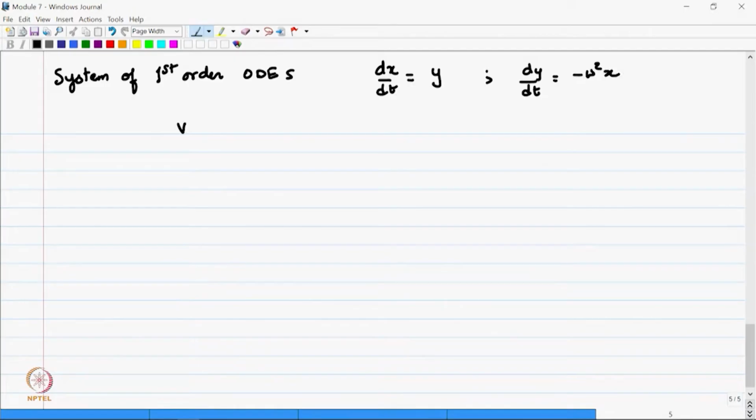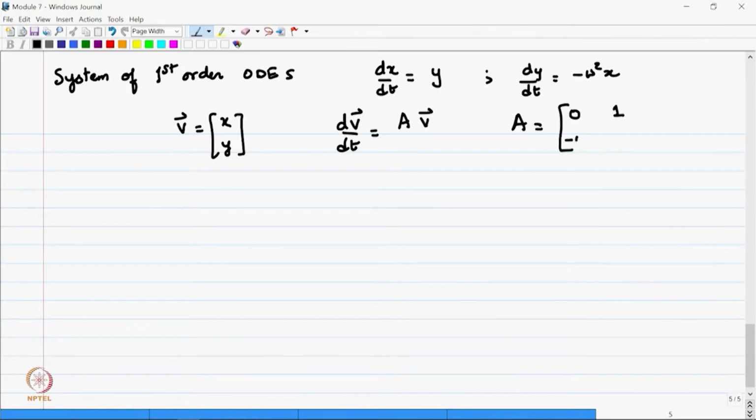You call V equal to x y, and you will say dV by dt is equal to A V, where A is a matrix whose first row is 0 1 and second row is minus omega square 0. So we have a linear system, and if we have a linear system, then we can calculate the eigenvalues of A.